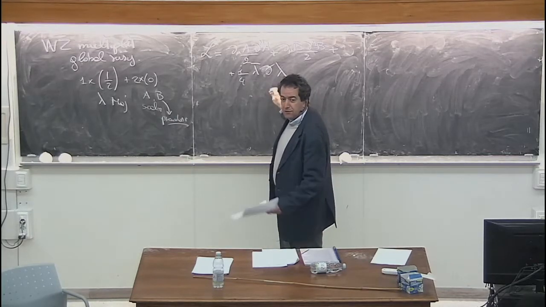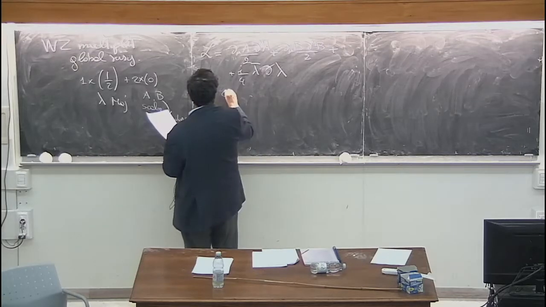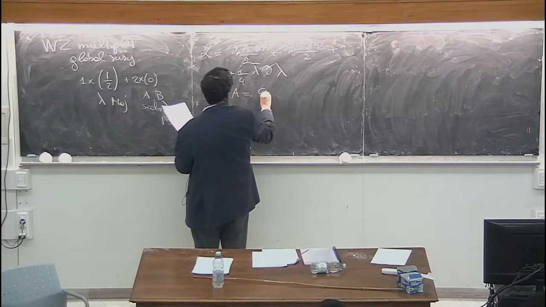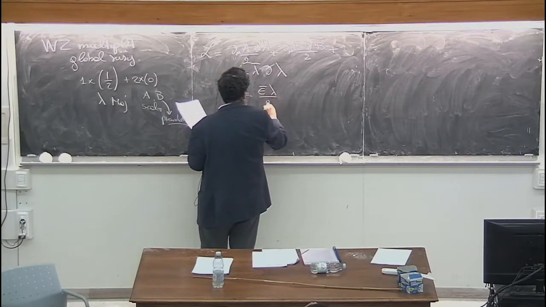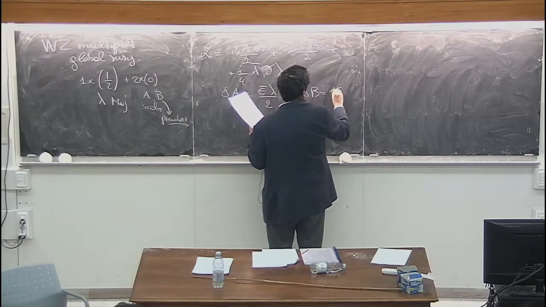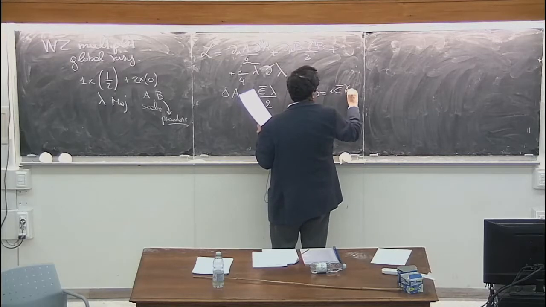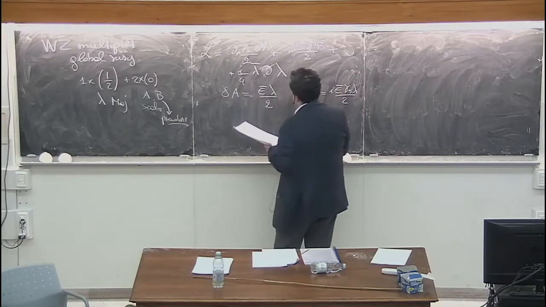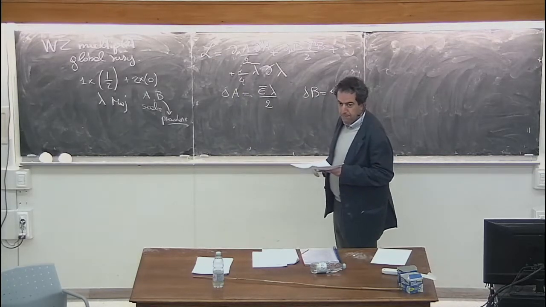Okay. So, δA equals epsilon bar lambda divided by 2. δB equals i epsilon bar γ5 lambda divided by 2. Okay?